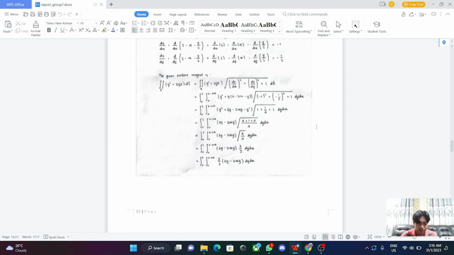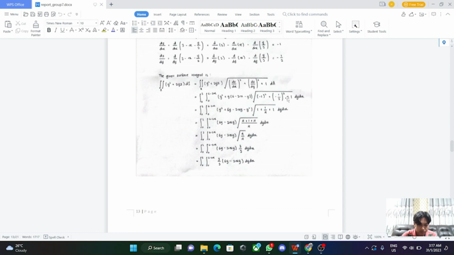Firstly, we put the integral from 0 to 3, 0 to 6 minus 2x, of (y square plus y(6 minus 2x minus y)) times the square root of ((-1) square plus (-1 over 2) square plus 1) dy dx.